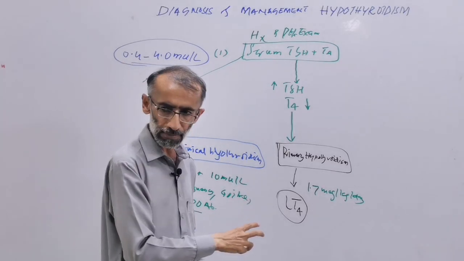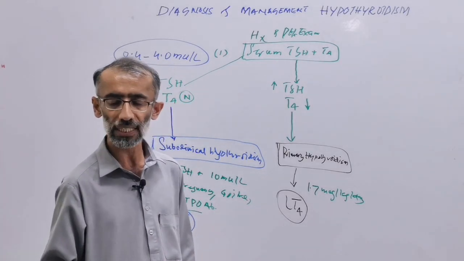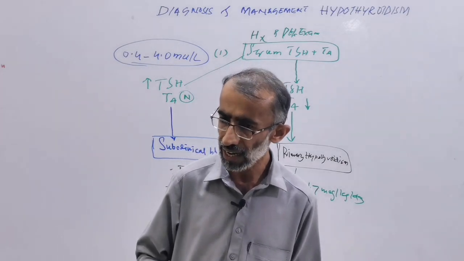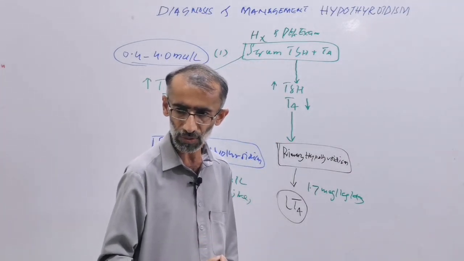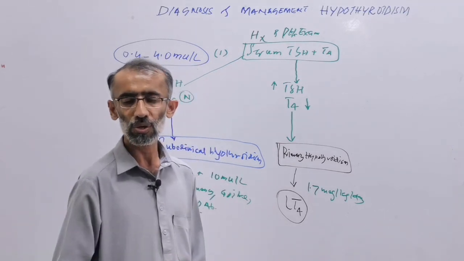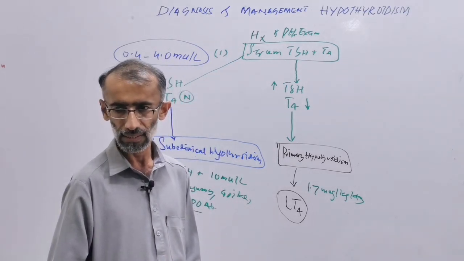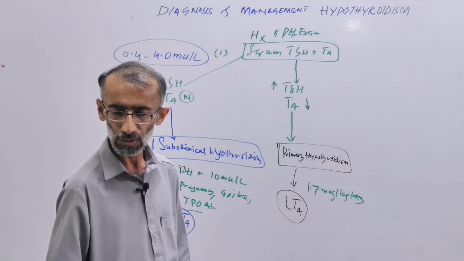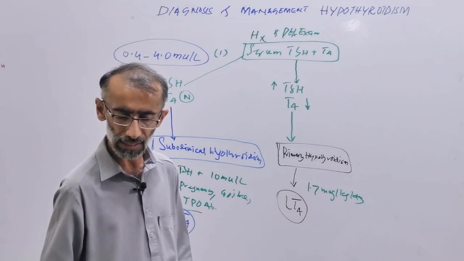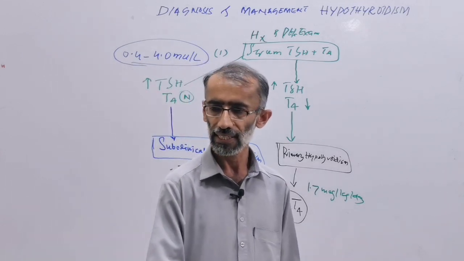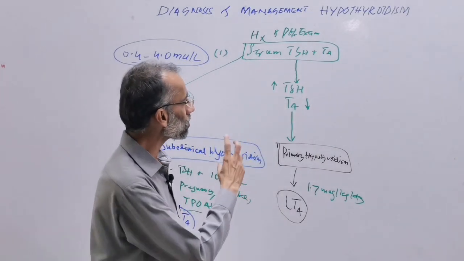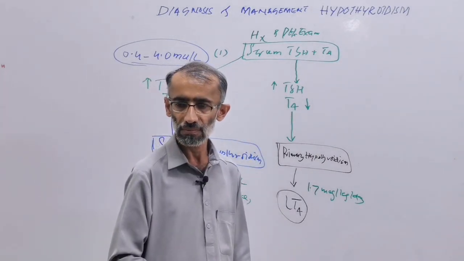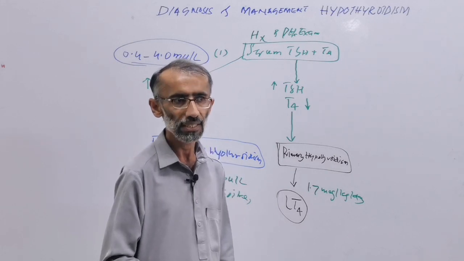But in elderly patients or those having ischemic heart disease, we will start levothyroxine with low doses, 25 to 50 microgram. Then we increase it every 3 to 4 weeks till normalization of TSH.